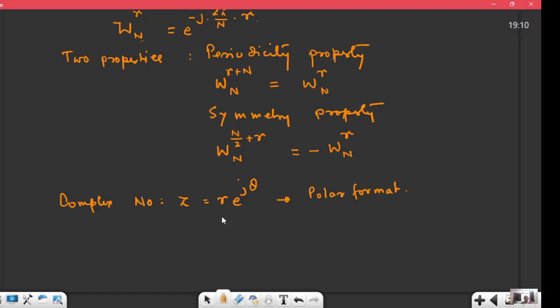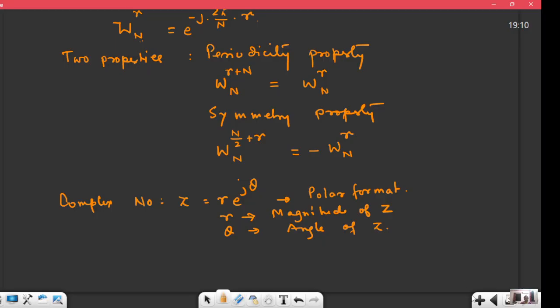Here r is the magnitude of z and theta is the angle of z. So in polar format, any complex number is represented by the magnitude and the angle theta. Here we will see that the Twiddle factor is represented as the magnitude and the angle theta.